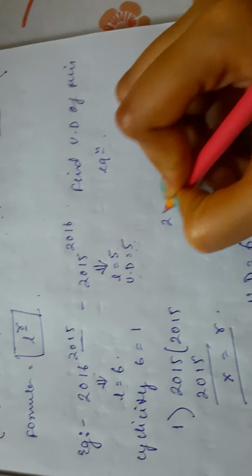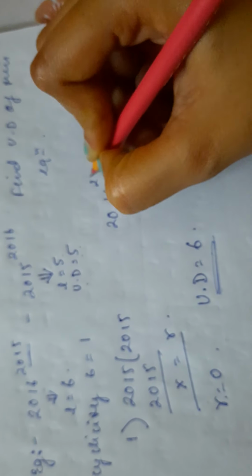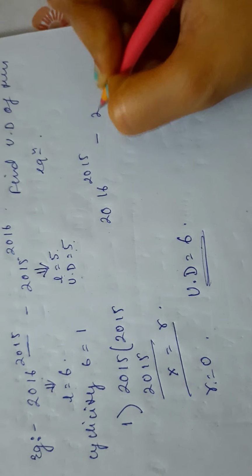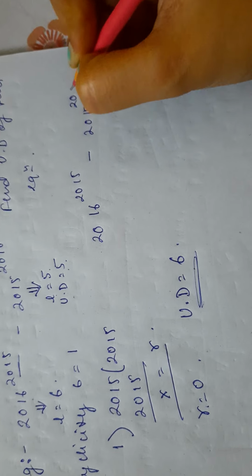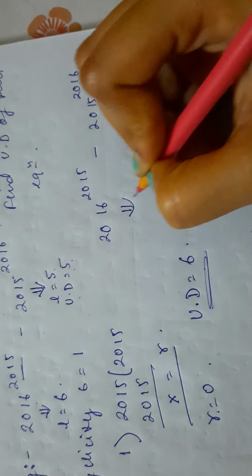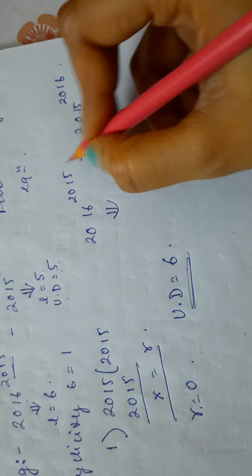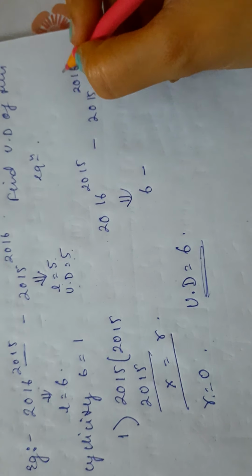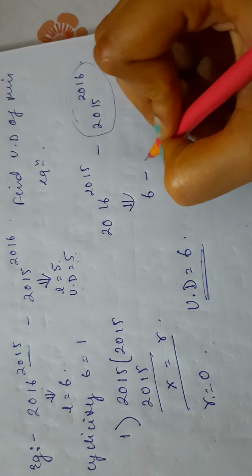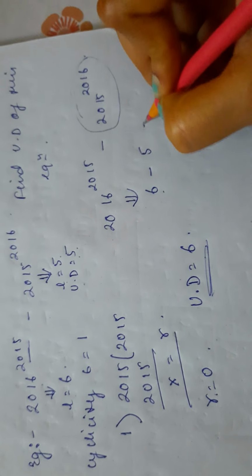So for 2016 to the power 2015 minus 2015 to the power 2016, the unit digit I received from this part is 6 and the unit digit I received from this part is 5. So 6 minus 5 is 1.